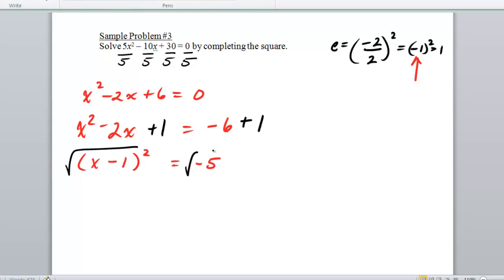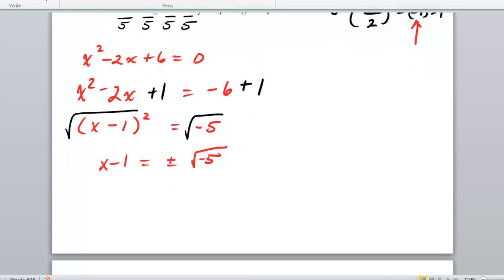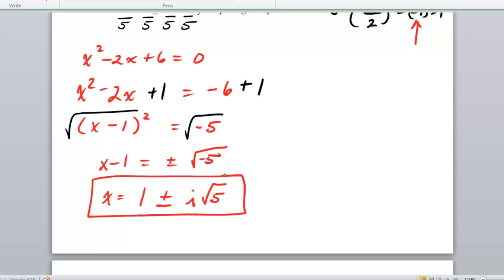Take the square root of both sides and get x minus 1 equals plus or minus the square root of negative 5. If you remember, we cannot have a negative value under the radical, so this breaks up into the square root of negative 1 and the square root of 5. That's where we get the imaginary number from. Those are two good examples of completing the square to help us solve quadratic equations.